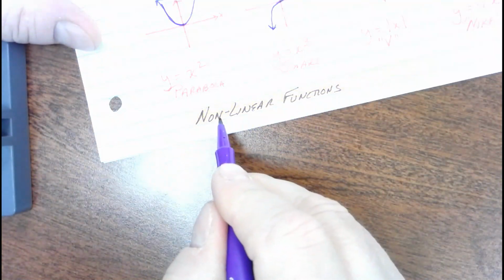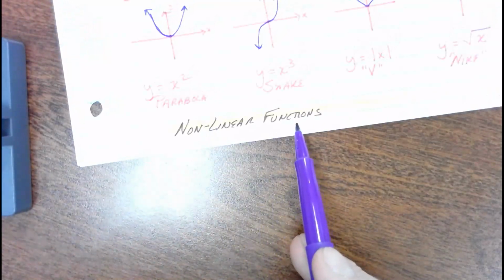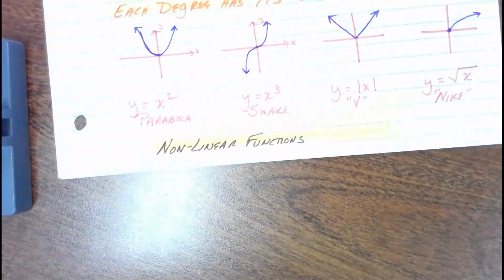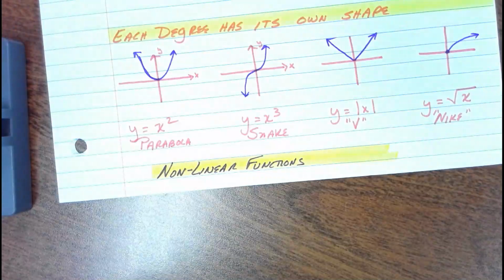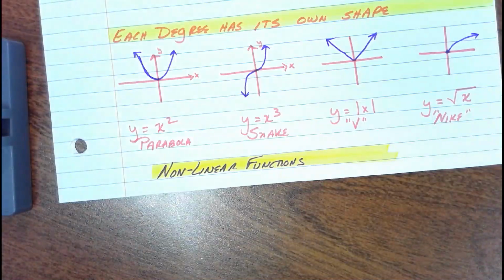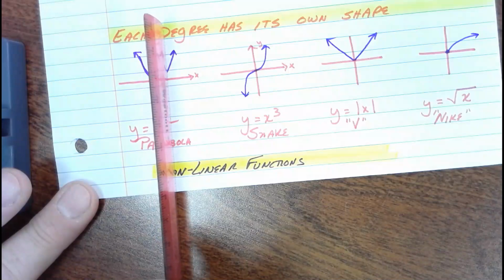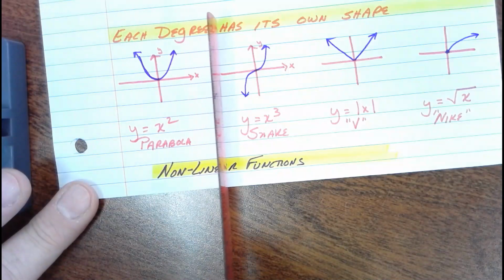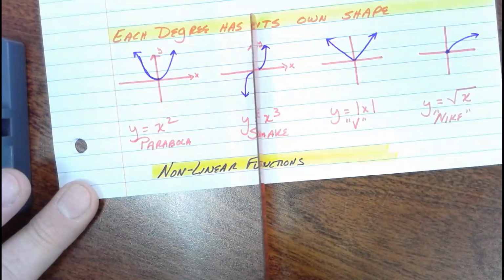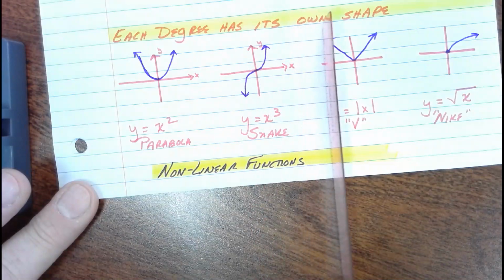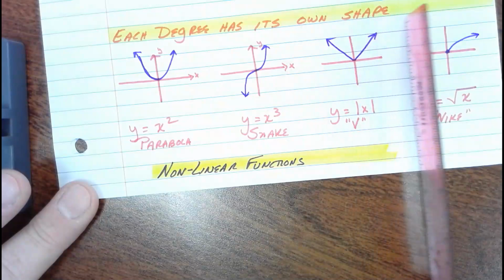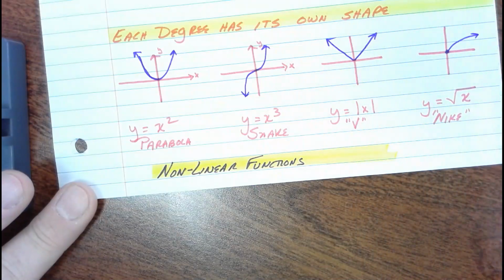Not a line, but yes, it's a function. It passes the vertical line test. Does that make sense? Not a line, but a function. As I pass this ruler across here, it does not touch the graph in two places. No matter where I'm at, it only touches the graph one time. Okay?